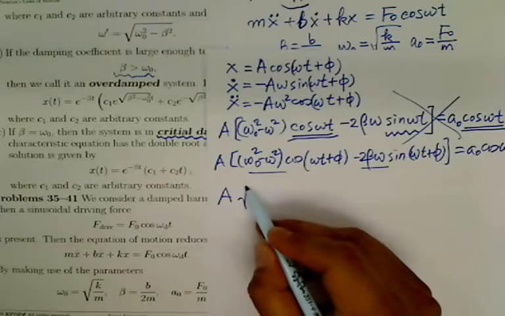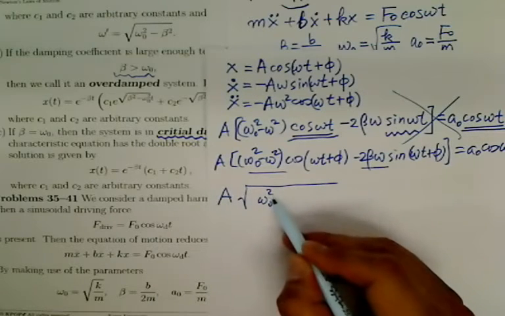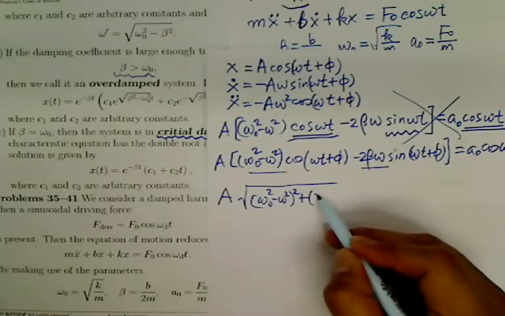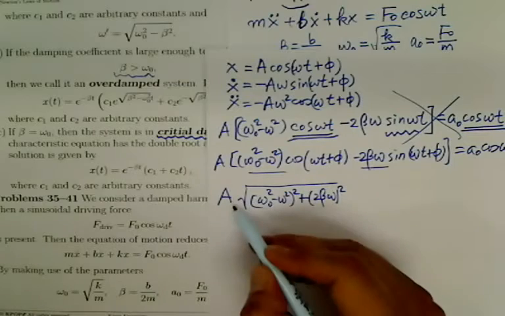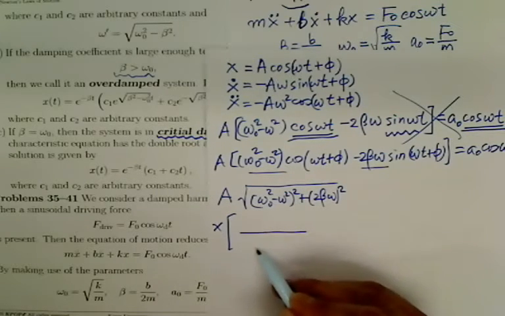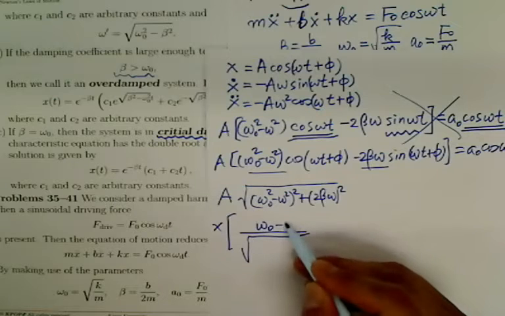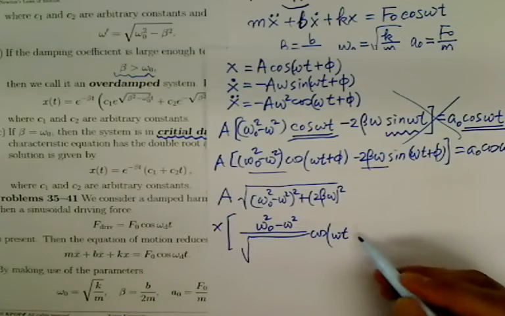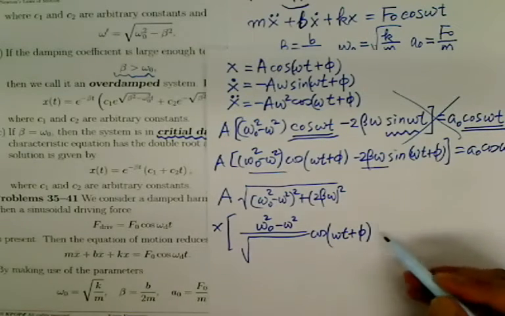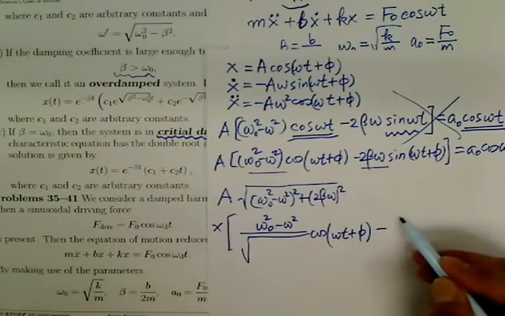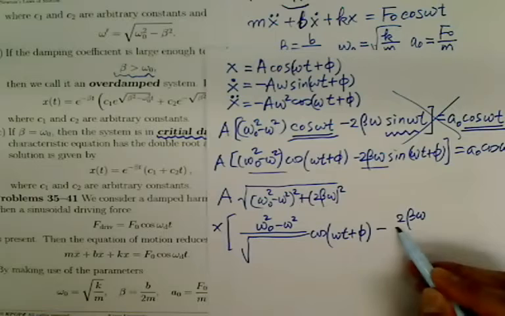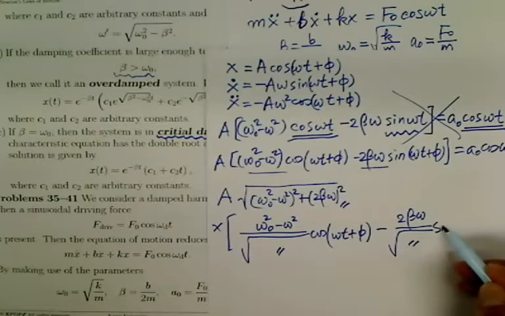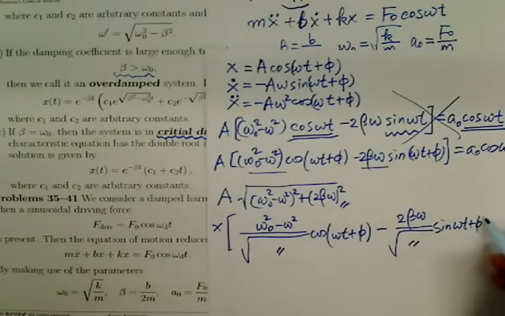A times the square root of omega 0 squared minus omega squared squared plus 2 beta omega squared, then multiplied by this, cosine omega t plus phi, minus 2 beta omega over the same square root, sine omega t plus phi.